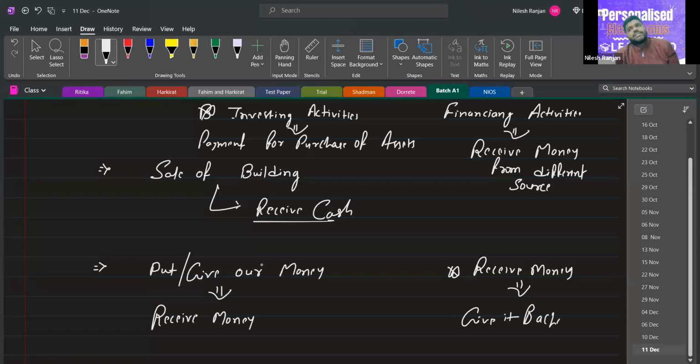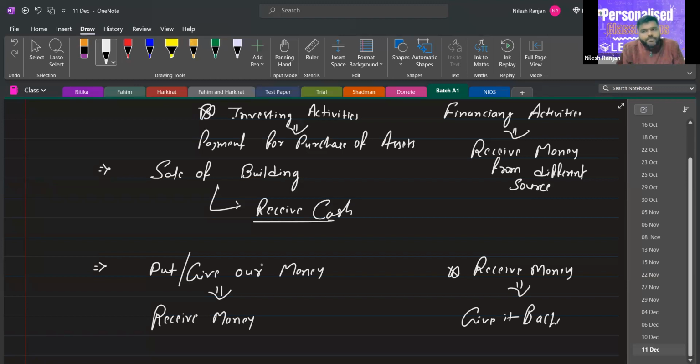Okay, let us take any example that may be given in the question. Buyback of equity shares.